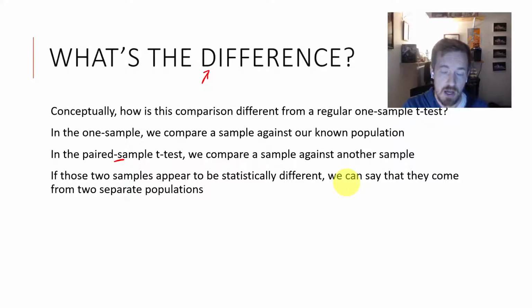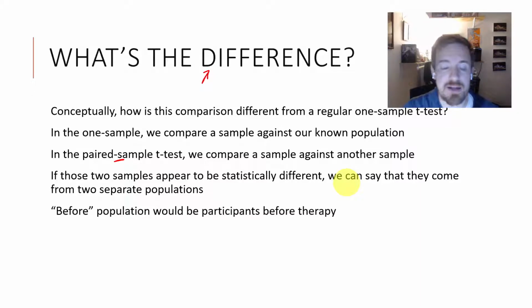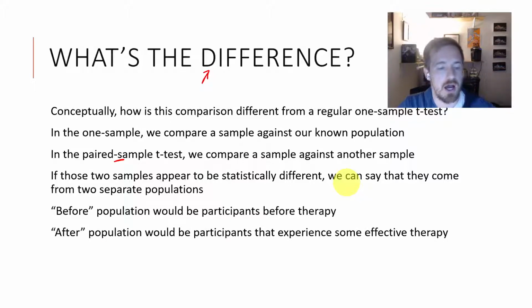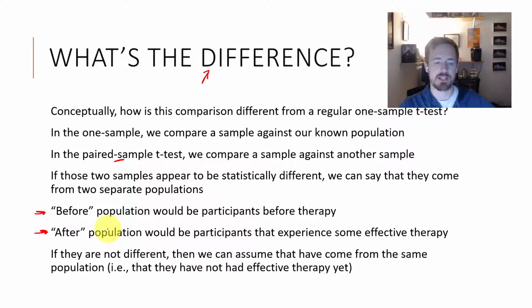In other words, a hypothetical population of people before your treatment and a hypothetical population for those outside of your treatment. You can't mix those two groups because they are fundamentally different, which is important. That's what you want to show as an effective therapist. So the before population is participants before they experience therapy, and the after population would be all people who had some experience with that particular therapy.